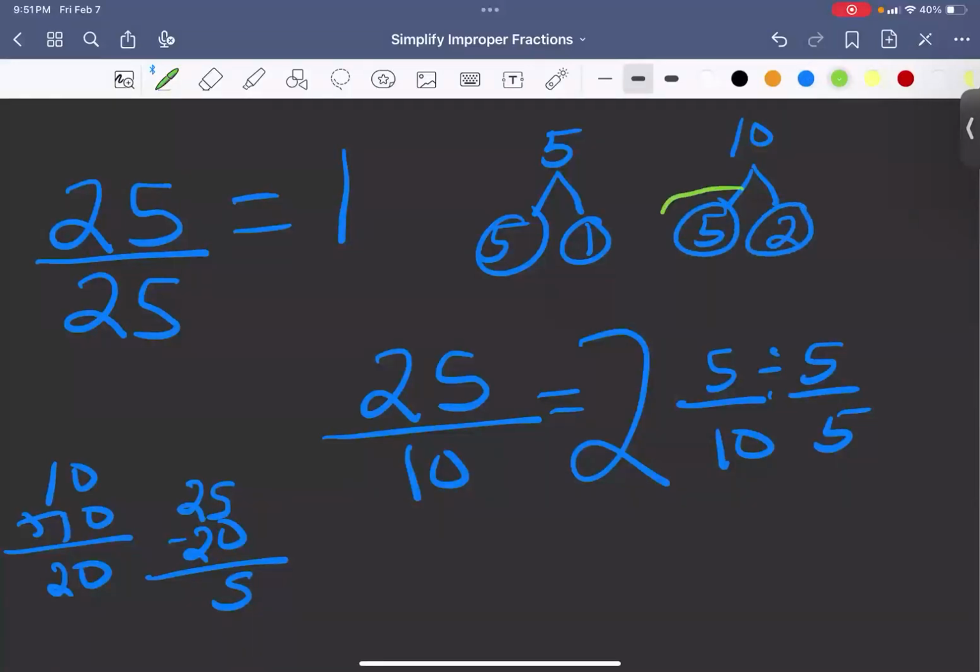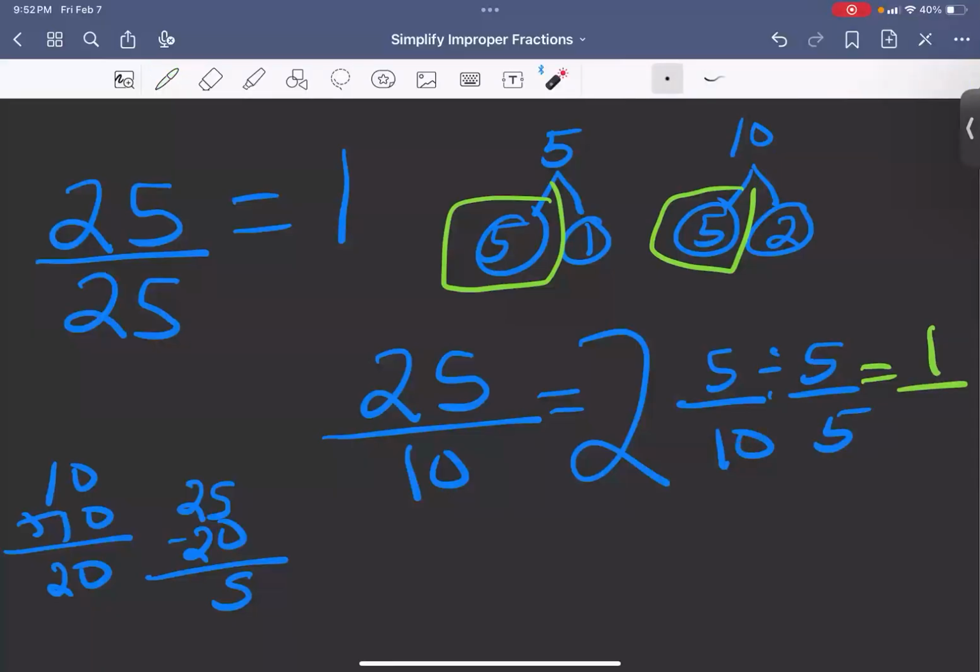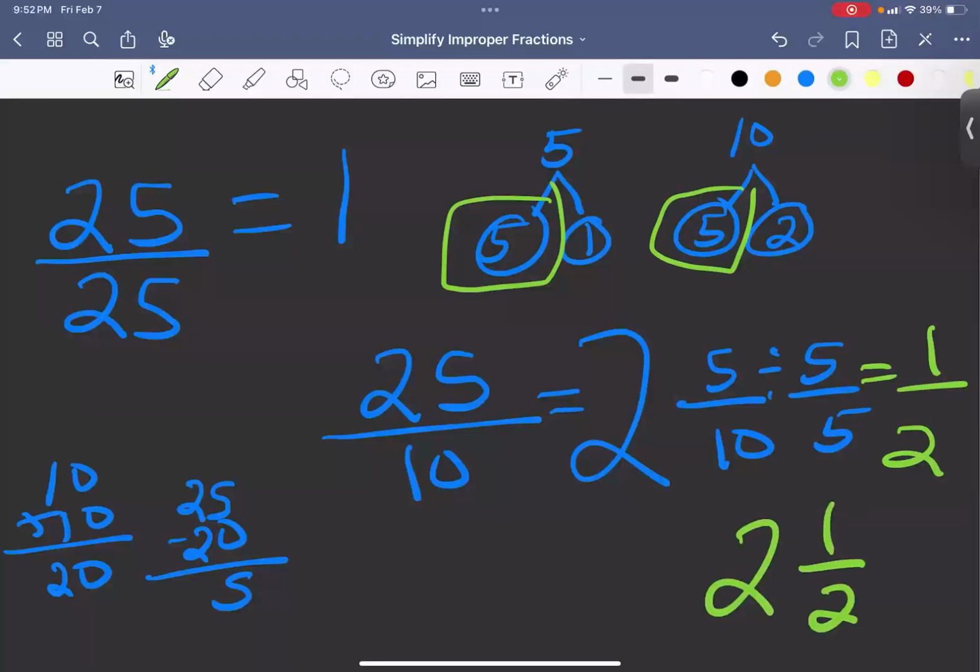And the greatest common factor they have is 5. I'm going to use the greatest common factor so I don't have to reduce again. So 5 divided by 5 is equal to 1. And then 10 divided by 5 is 2. So our final answer is going to be 2 and 1/2.